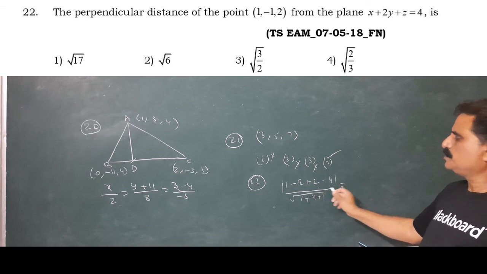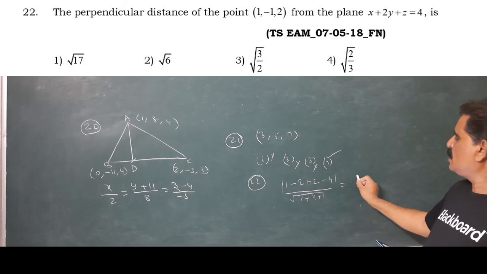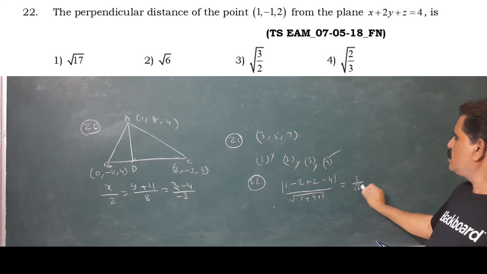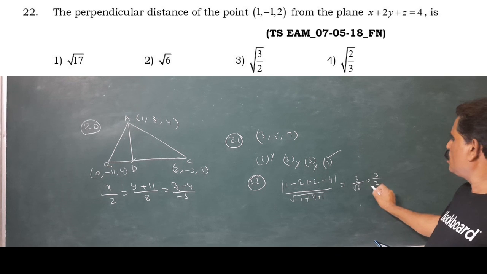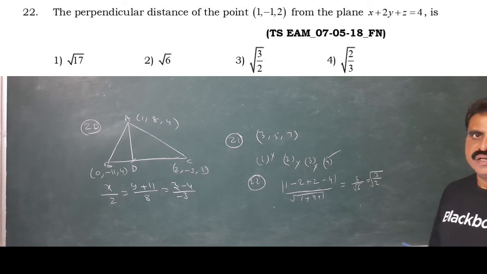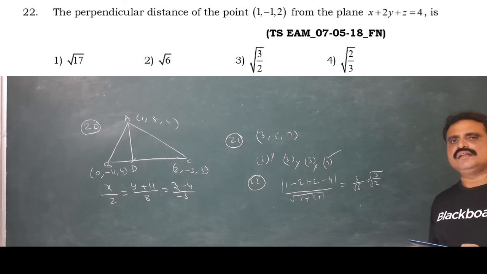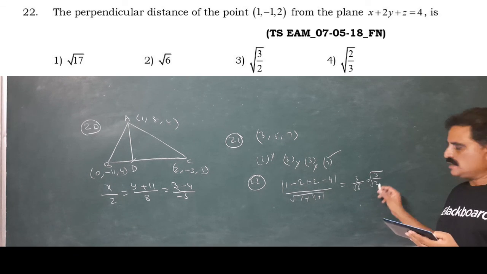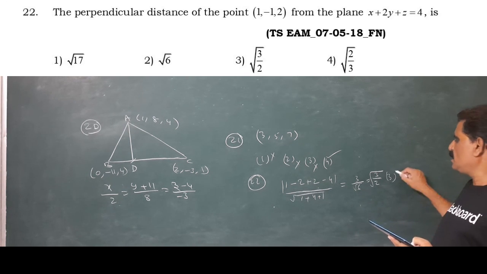The 2 cancels, 1 minus 3 by root 6, 3 by root 6, root of 9 by 6, 3 by 2. So it is the third option. You can easily get that.